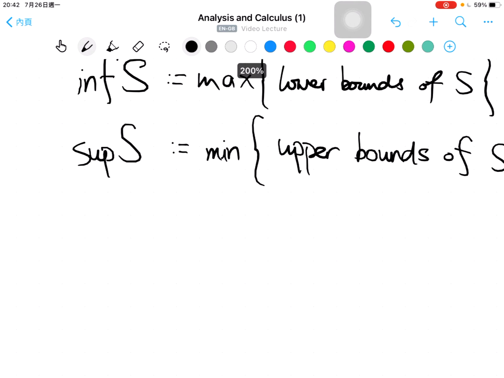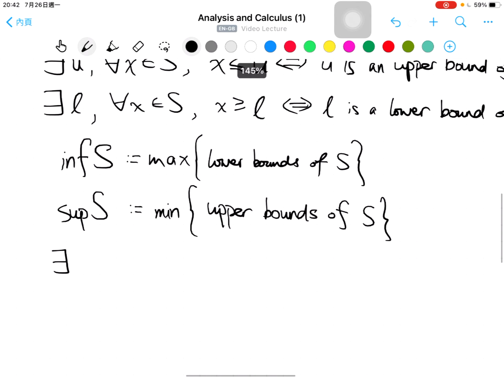Now suppose we will deal with the supremum first.